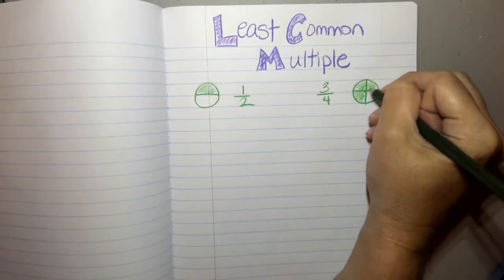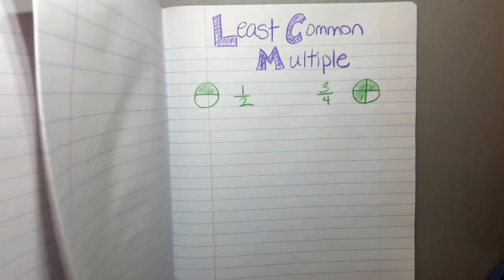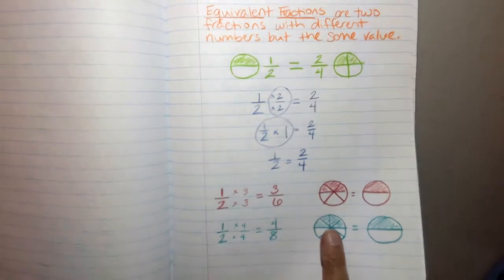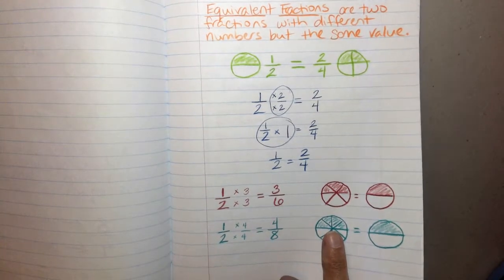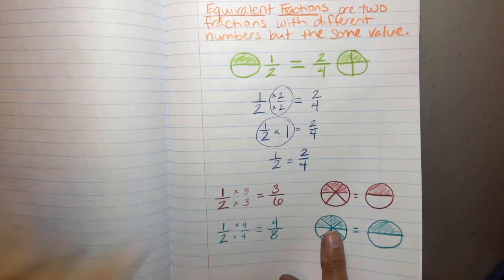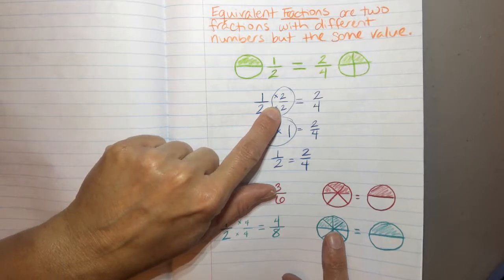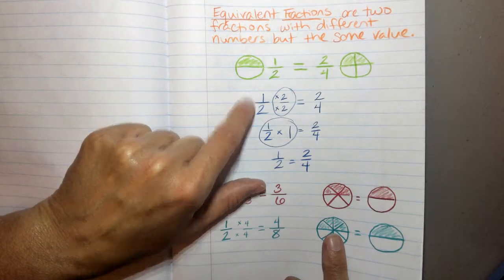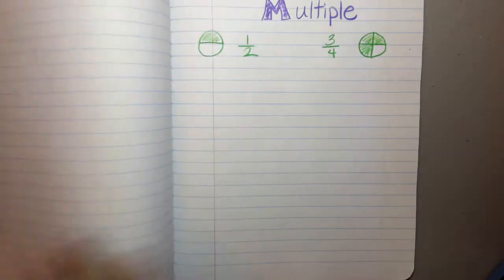Okay, so we reviewed way back here in the fraction review 2 that you can multiply any fraction by 1, and you have the same fraction, and since if the numerator and the denominator are the same, that's the same as 1, you can multiply any fraction, the numerator and the denominator both, by the same number, and what you'll get is an equivalent fraction.